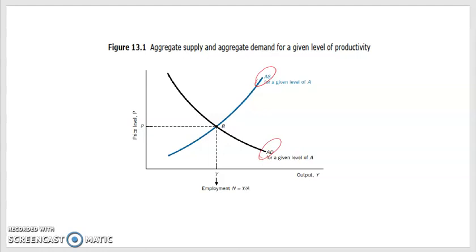So according to our curve, given equilibrium output Y, employment N is given by the ratio between output and productivity, such that the higher the productivity, the lower the number of workers needed to produce the level of output Y. Or rather, the higher the productivity given output, the lower the employment needed.